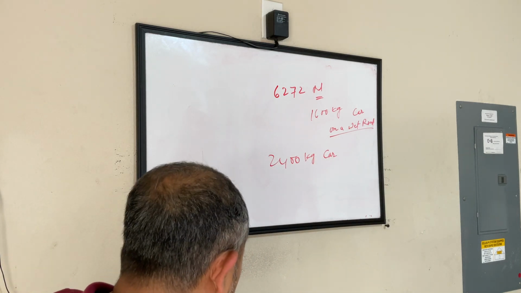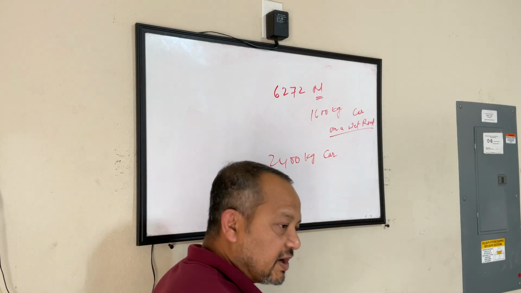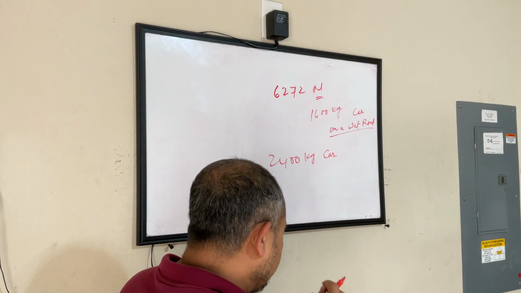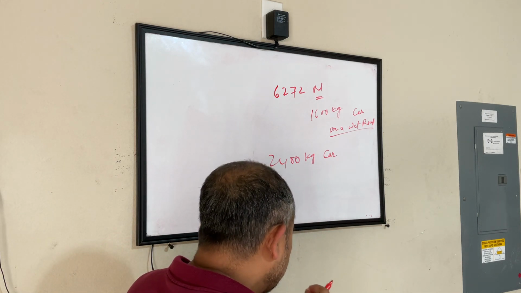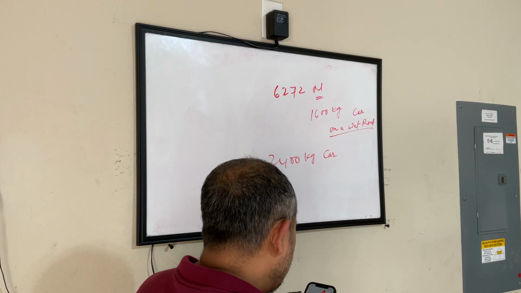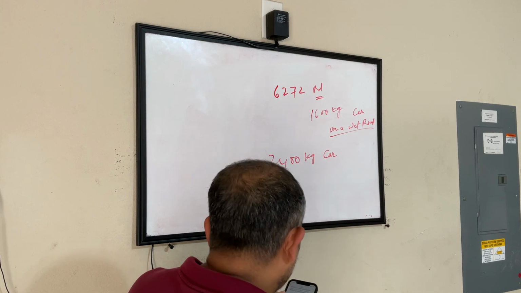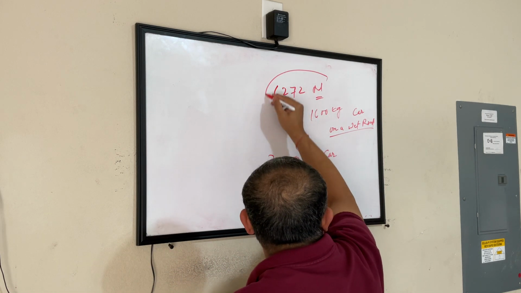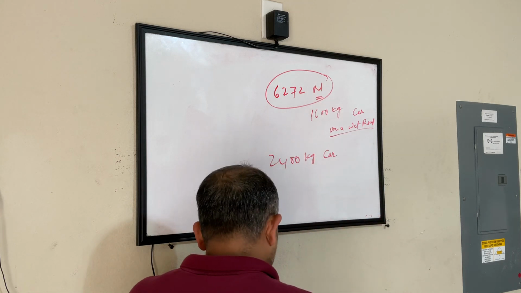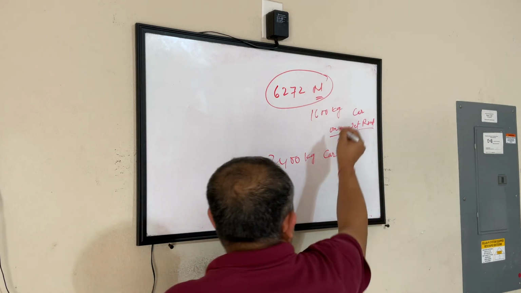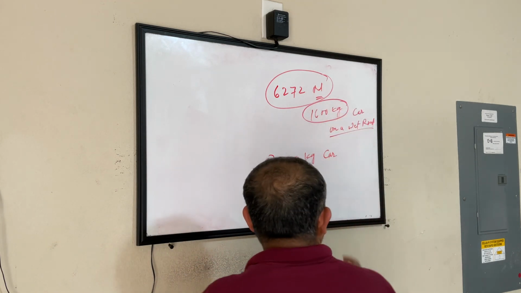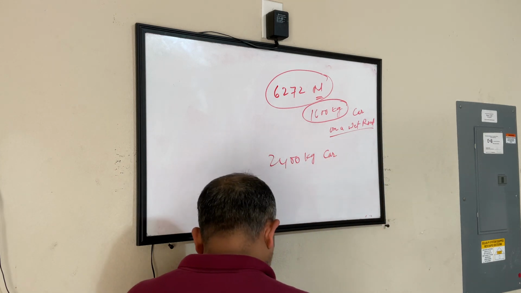So one last time, I'm reading it for you guys. The force that friction exerts on a car is proportional to its mass. Suppose friction exerts 6272 newtons of force on a 1600 kilogram car on a wet road.